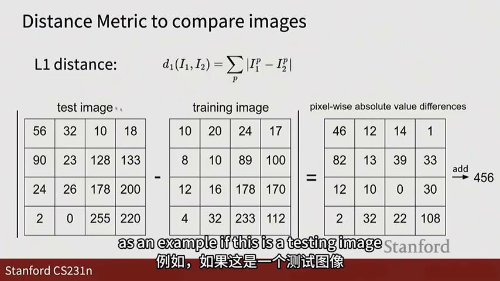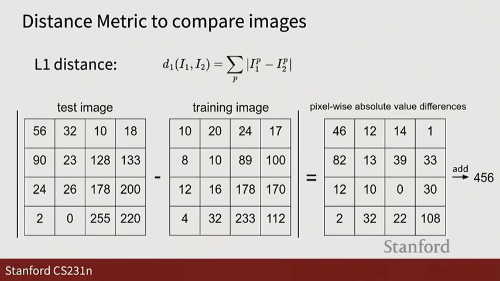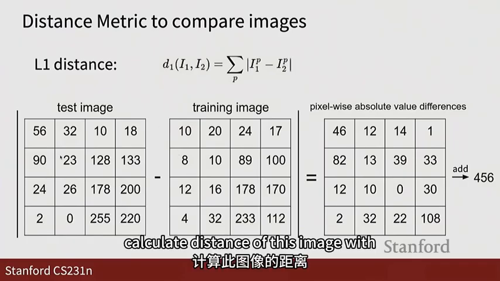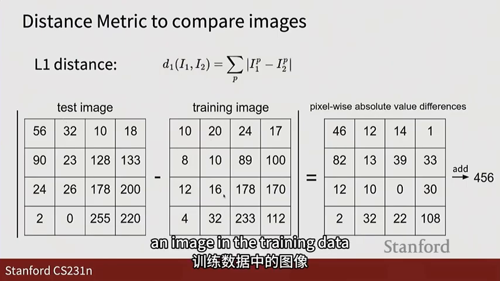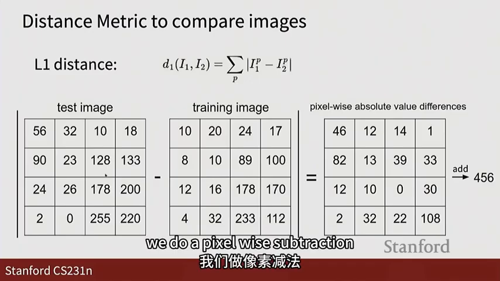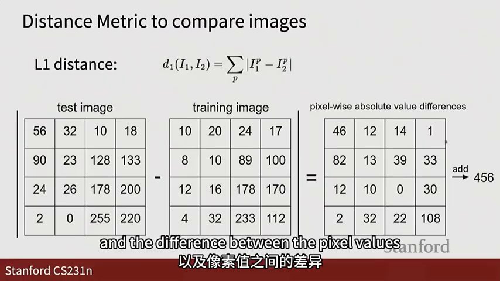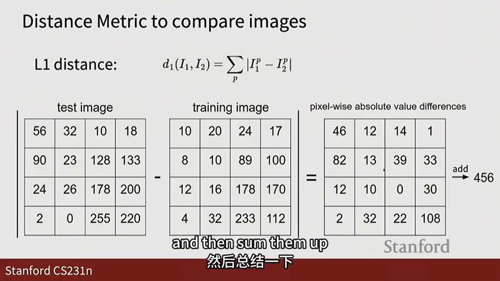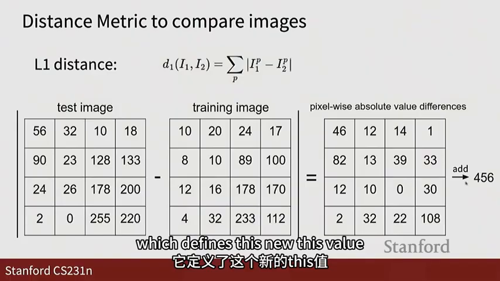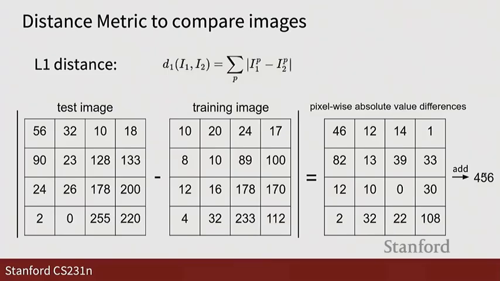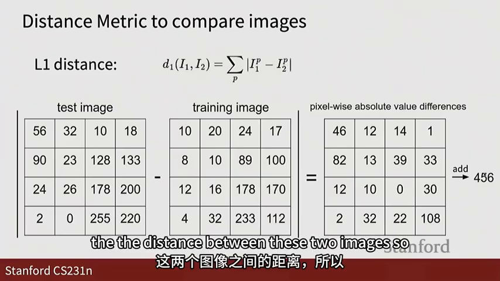As an example, if this is a testing image, and we want to calculate the distance of this image with an image in the training data, we do a pixel-wise subtraction of the pixel values, and then sum them up, which defines this value as the distance between these 2 images.